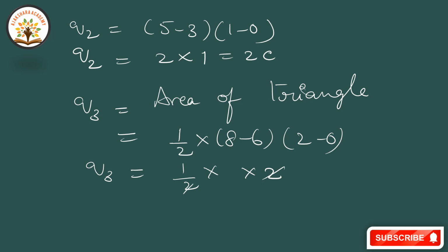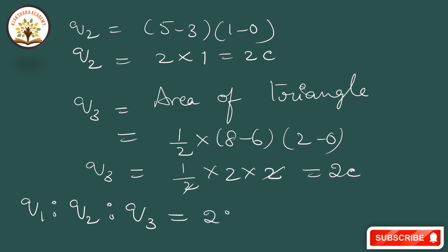The remaining is 2 coulombs. So the ratio of charges q1 is to q2 is to q3 is equal to 2 is to 2 is to 2. That is nothing but 1 is to 1 is to 1. This is the ratio of the charges.